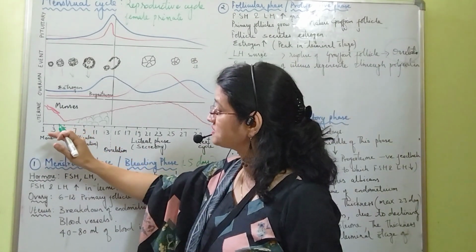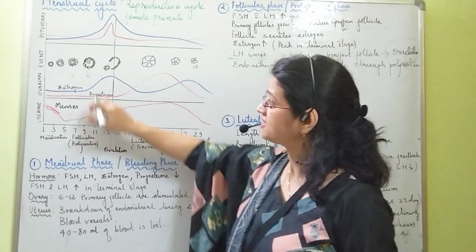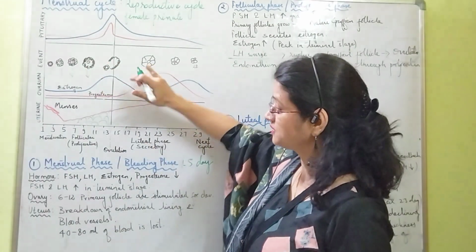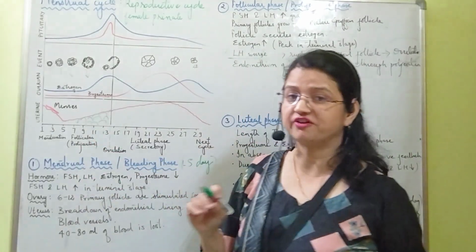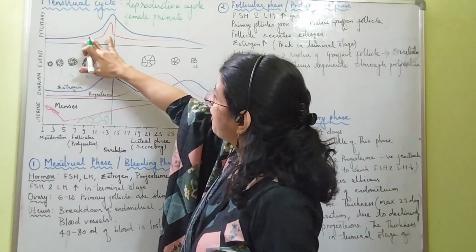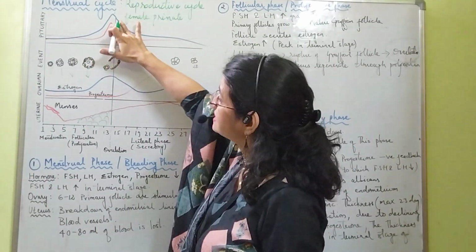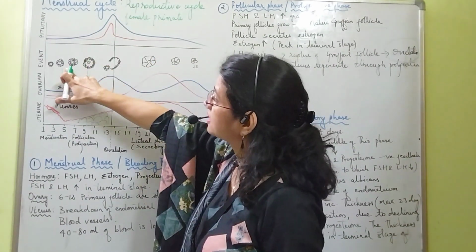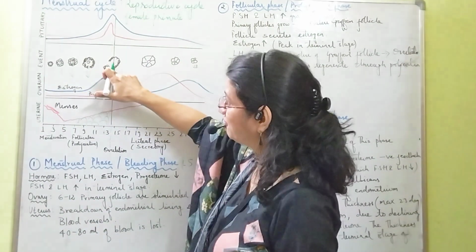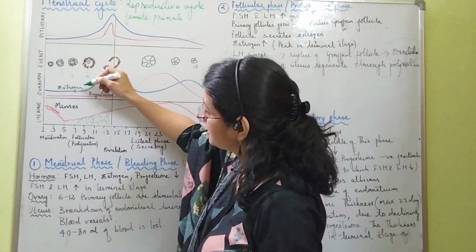So the period from the 6th day to the 13th day is known as the follicular phase because there is development of follicles, and it is also known as the proliferative phase. During this phase, the level of FSH increases and LH increases. Due to the increased FSH, the Graafian follicles in the ovary will develop, and these Graafian follicles will secrete estrogen.